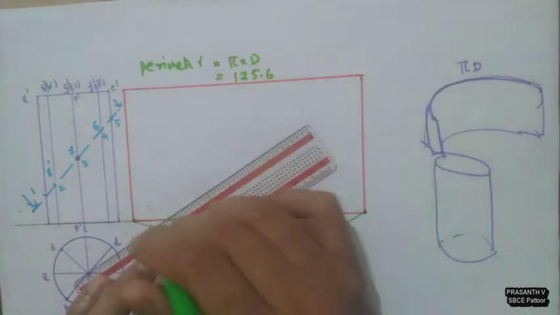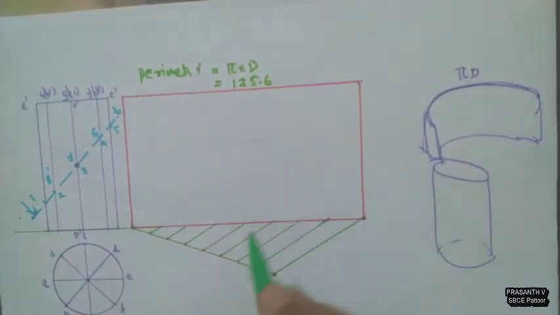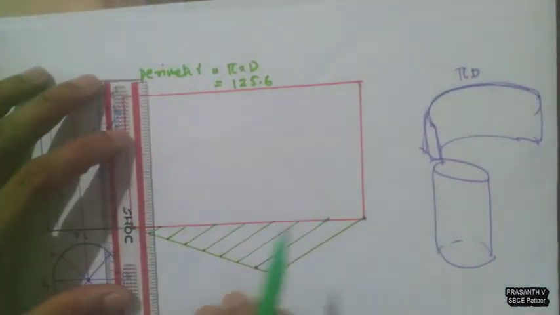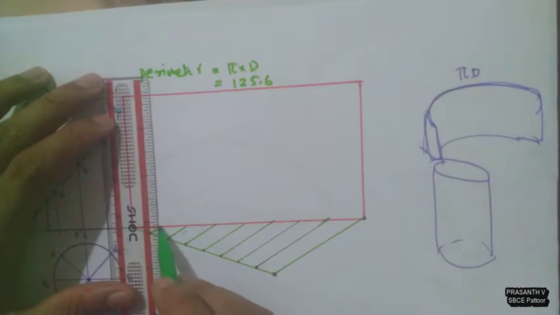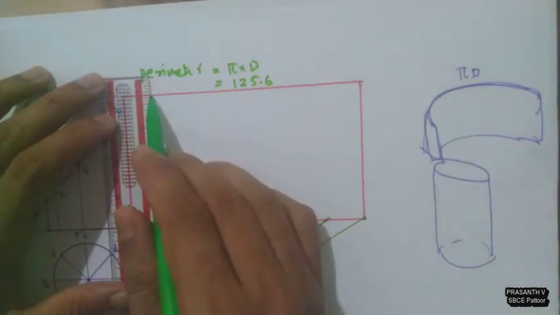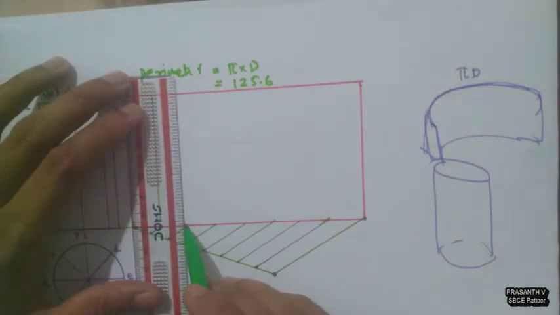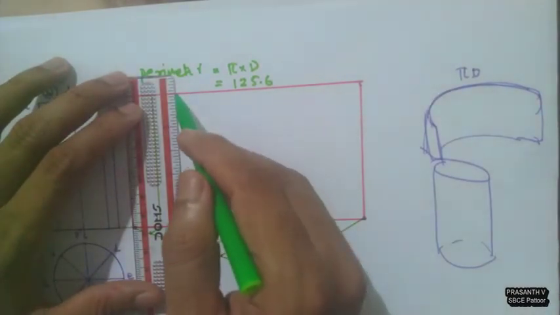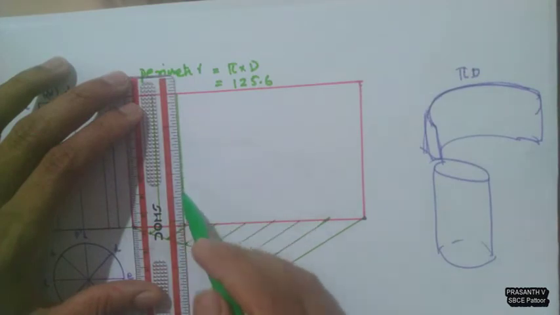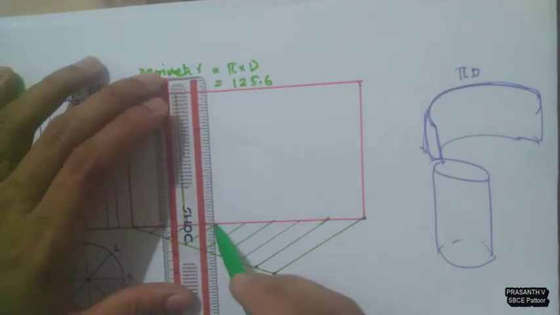You can see I have divided this into 8 equal parts. Now here I can draw the generator lines using a thin line. Always remember, the boundaries of the development should be drawn as thick lines. All other inside lines should be thin lines.